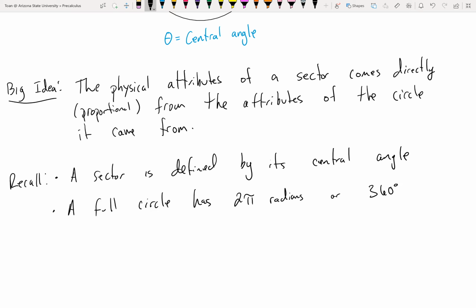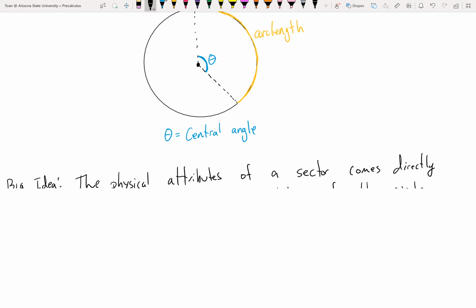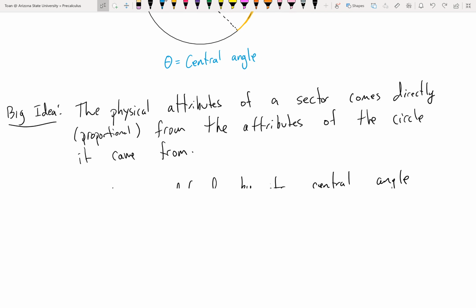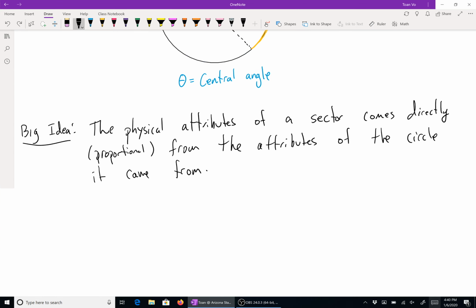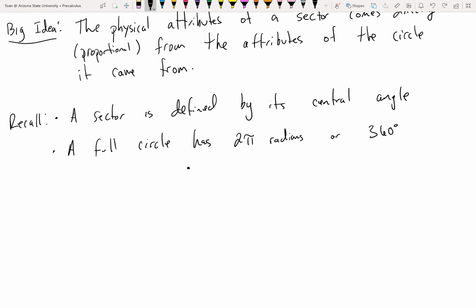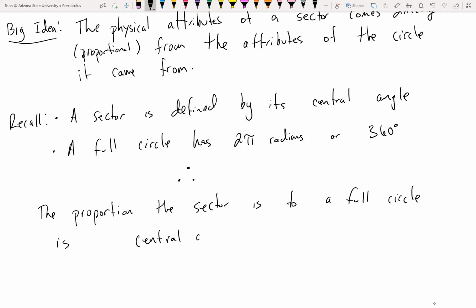So if a sector is defined by its central angle, this little sliver, but we know that a full circle is 2 pi radians or 360 degrees, therefore, the proportion the sector is to a full circle is its central angle divided by 2 pi radians, or 360 degrees, depending on what system you're in, right?